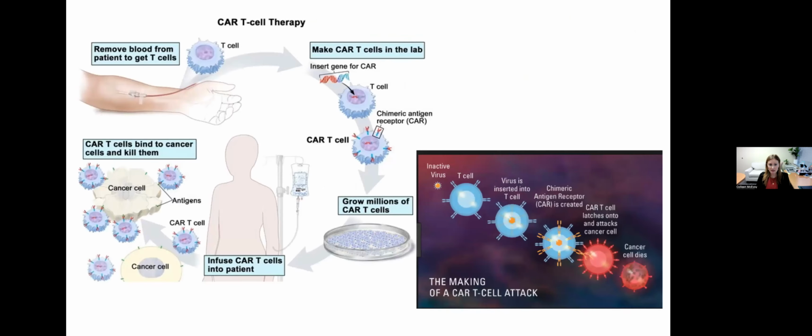This is just another schematic of what it looks like. So removing the blood from the patient, they make the CAR T in a lab, they grow millions of cells, and then they infuse the cells back into the patient. Prior to infusion of the CAR T, the patient undergoes a conditioning regimen to deplete some of their own cells to allow for uptake of the CAR T cells.